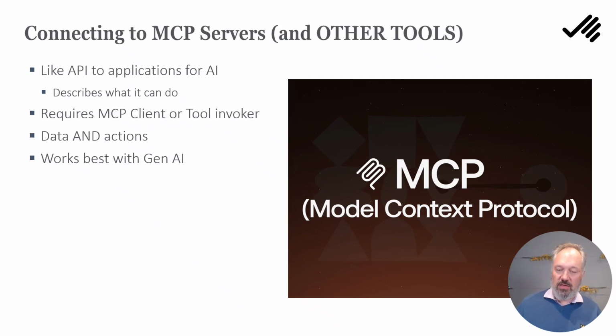So it can say, this would be an example prompt that you can post to me, and that's also good for the AI coming in, that it can see these prompts and get, oh okay, this is typically what I could ask for. And this works best with generative AI, because then it's using this method to try to figure out how to get the data that you're asking for by querying the MCP servers.